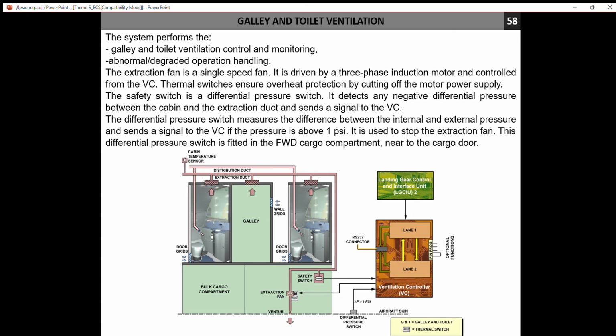Next, as I said before, we may use the air from the cabin for recirculation. But there are some specific compartments in our cabin, like the galley and toilet. We have a line that provides ventilation in these compartments, but we will not use the air from the galley and toilet for the recirculation system.